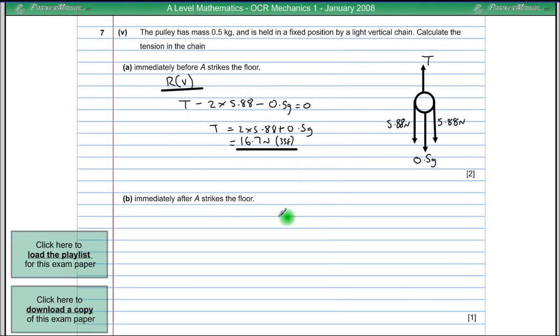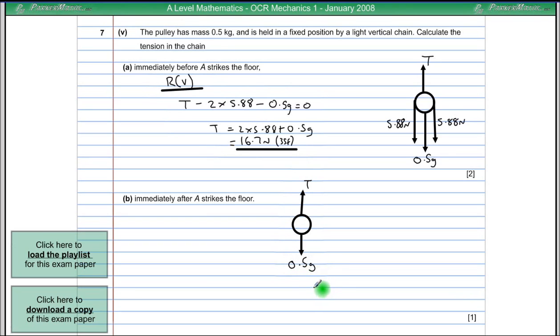In part B, we're interested in what happens immediately after A strikes the floor. So when A has hit the floor, there will no longer be any tension in this string. So the only forces we have acting on the pulley are T going upwards and the weight going downwards, so 0.5 g.